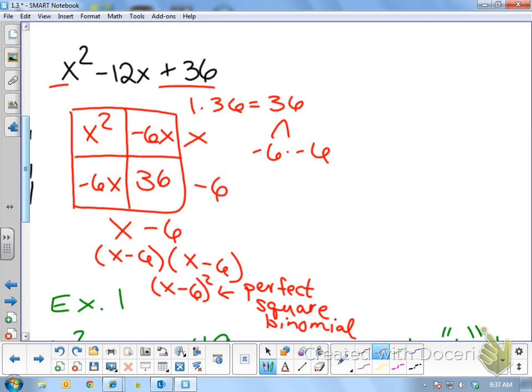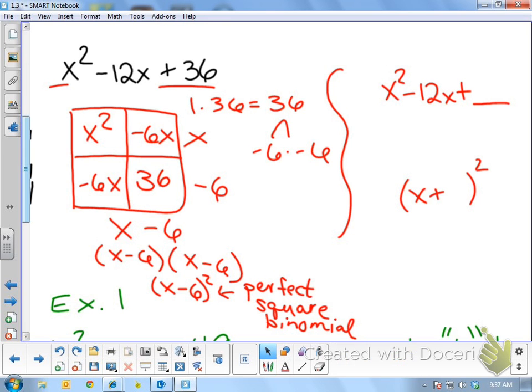So again, we're going to look for a pattern. If we took this same problem and we had just x squared minus 12x with nothing there, we don't know the 36, and we wanted to pick a number so that we could write it as a perfect square binomial. Wouldn't you just find something that adds up to negative 12?